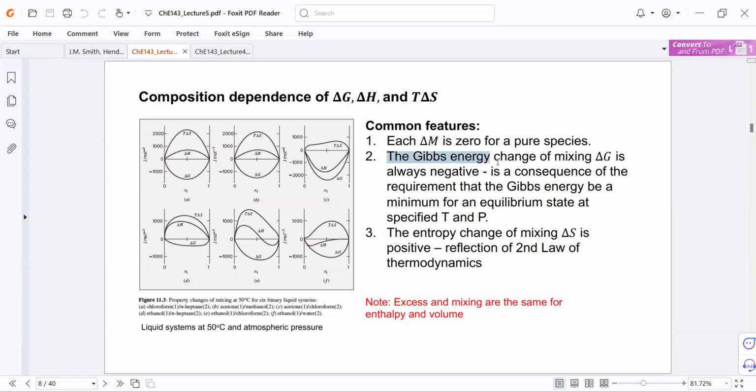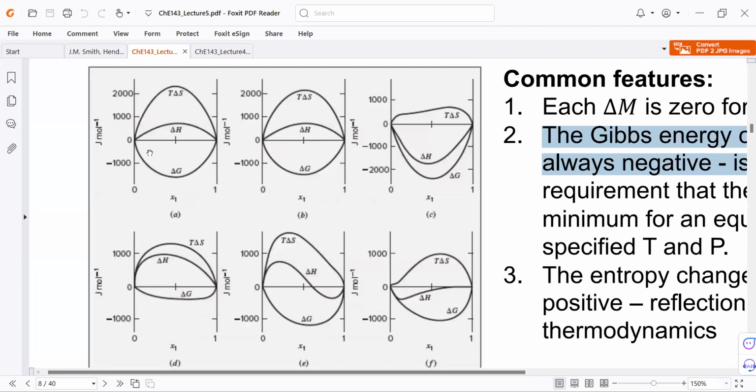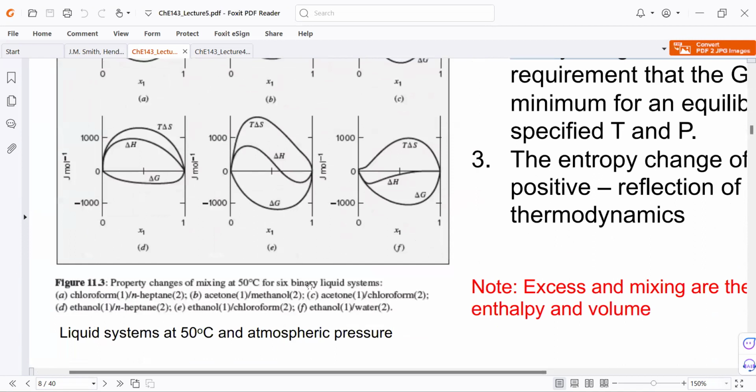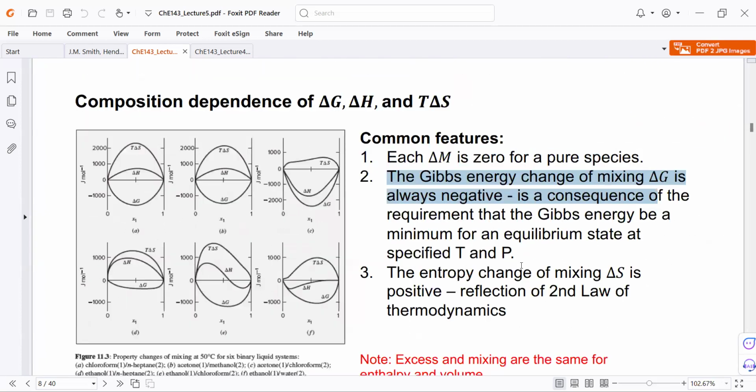Next, the Gibbs energy change of mixing, delta G, is always negative. Okay, so as you can see here, let me zoom right here. Delta G is always lying in the region below the x-axis, which is the negative region. So that is always true regardless of the binary liquid system. Okay, and what does it mean?